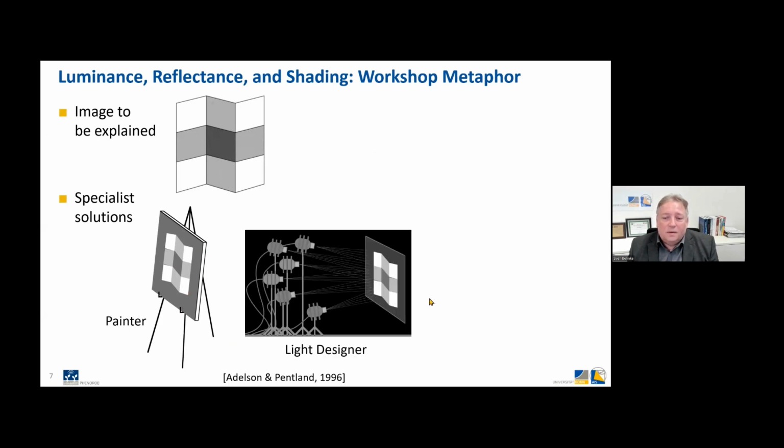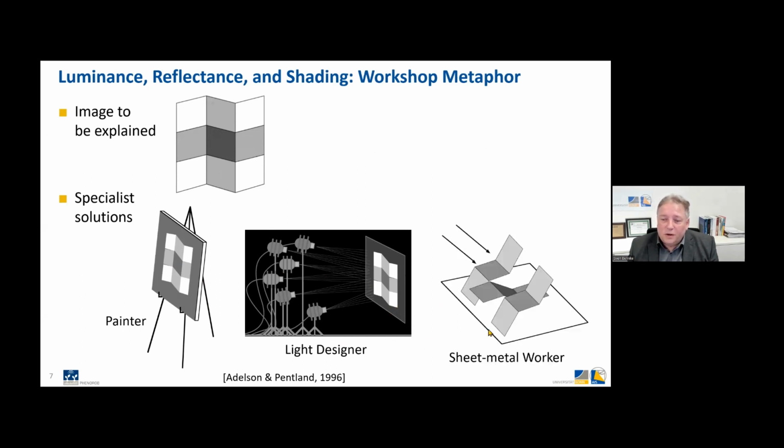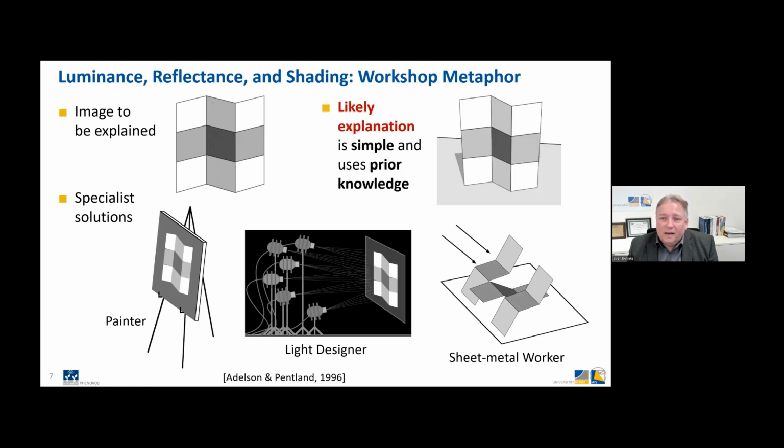Or we have that projection surface where we have flat geometry, we have the same reflectance but different lighting on it. Or we have a pretty wild geometry with uniform lighting and uniform reflectance that may also explain our measurement. But the likely explanation is simple, and it uses some prior knowledge about how the world works.